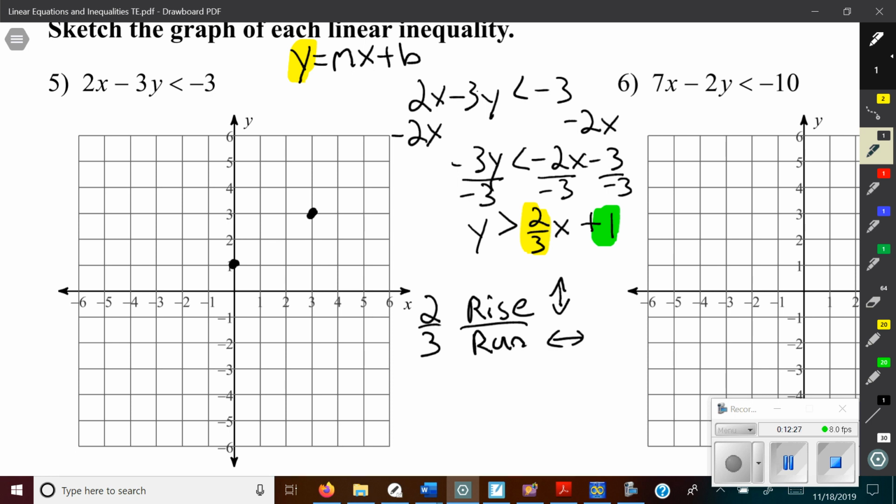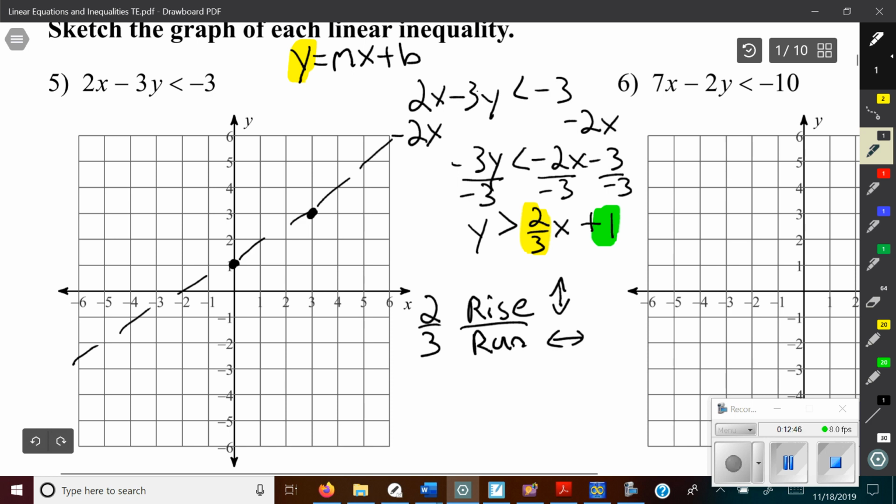Okay, and I'm going to draw a straight line between those 2 points and connect it through the graph here. But you got to take a look at your inequality. Our inequality here is not equal to. So when it's not equal to, this line is not included in the solution. So I'm going to make that a dash because it's not equal to.